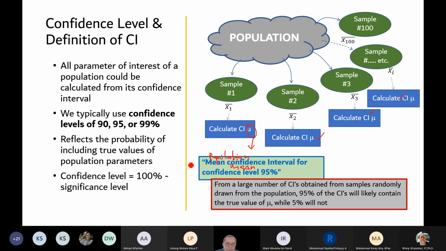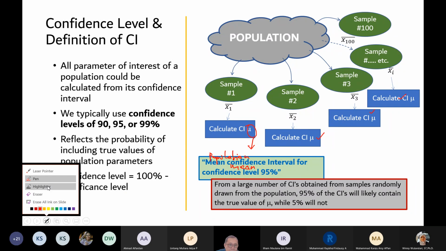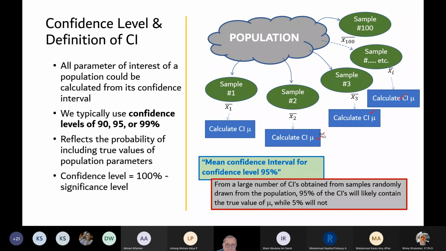Now, when we say, sorry, I will erase this. There we go. Gets too crowded. Okay. So when we say mean confidence interval at, sorry, this is bad wording, sorry about that. Let me fix it now so we can get it out of the way. Where is my cursor? There.